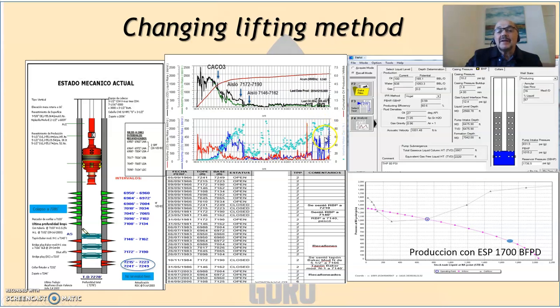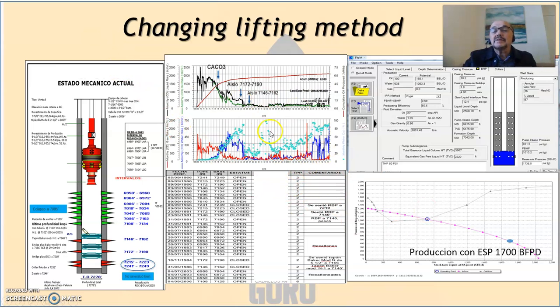So when we saw those fluid levels being reported by the operator, we saw the opportunity of increasing the production by changing the lifting system to reduce the bottom hole flowing pressure. We did it, and we got this production. We could increase, like I said, from 80 to 250.